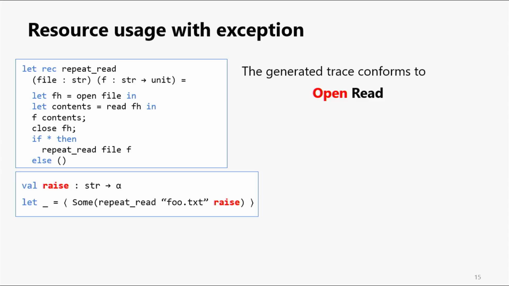So the generated trace should conform to the finite trace open read, which includes two events. It does not, so it violates the properties that should be satisfied. So temporal verification supporting delimited continuation control operators should find that this program does not satisfy the properties.